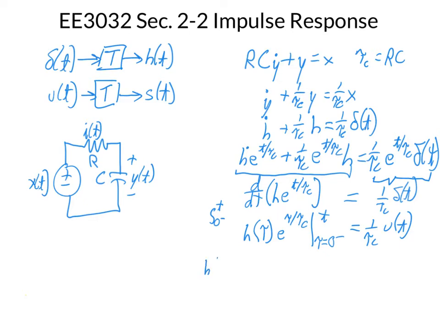So we're going to have h of t, that's the function we're ultimately trying to solve for, times e to the t over tau c, minus h of 0 minus times e to the 0 over tau c, so e to the 0. And on the right-hand side, we still have the same thing.